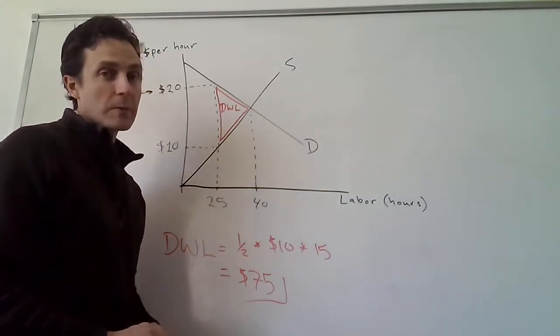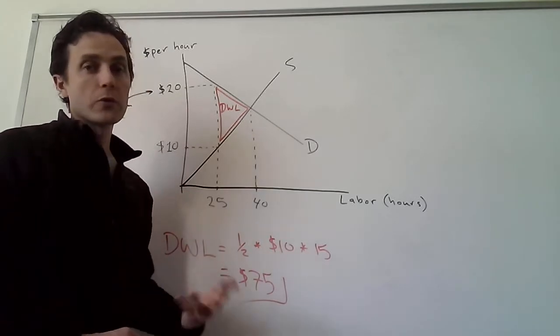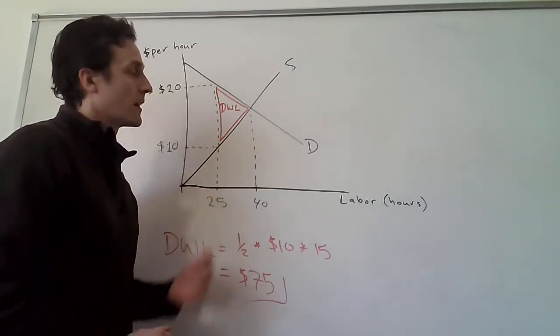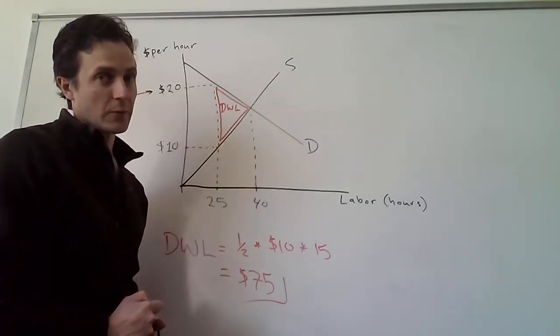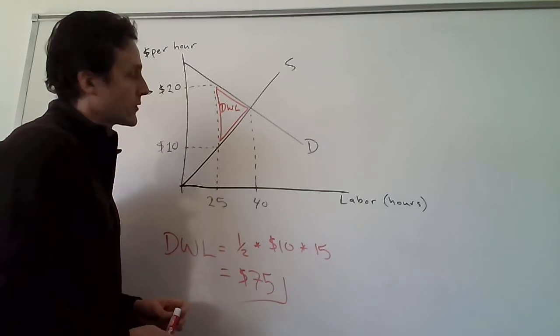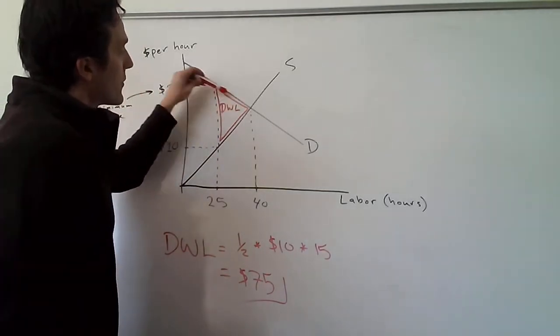So what we want to do is calculate the deadweight loss. The deadweight loss is equal to the total surplus that this market is not going to enjoy because it's not getting to that point where supply equals demand. So the deadweight loss equals the total surplus that's lost, and that is going to be equal to this red triangle over here.